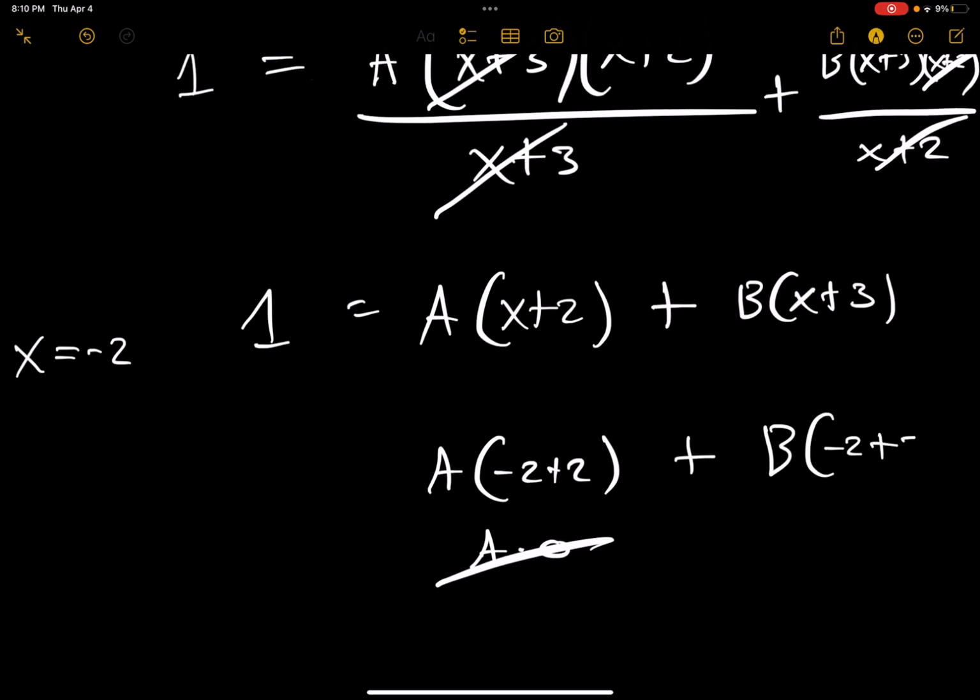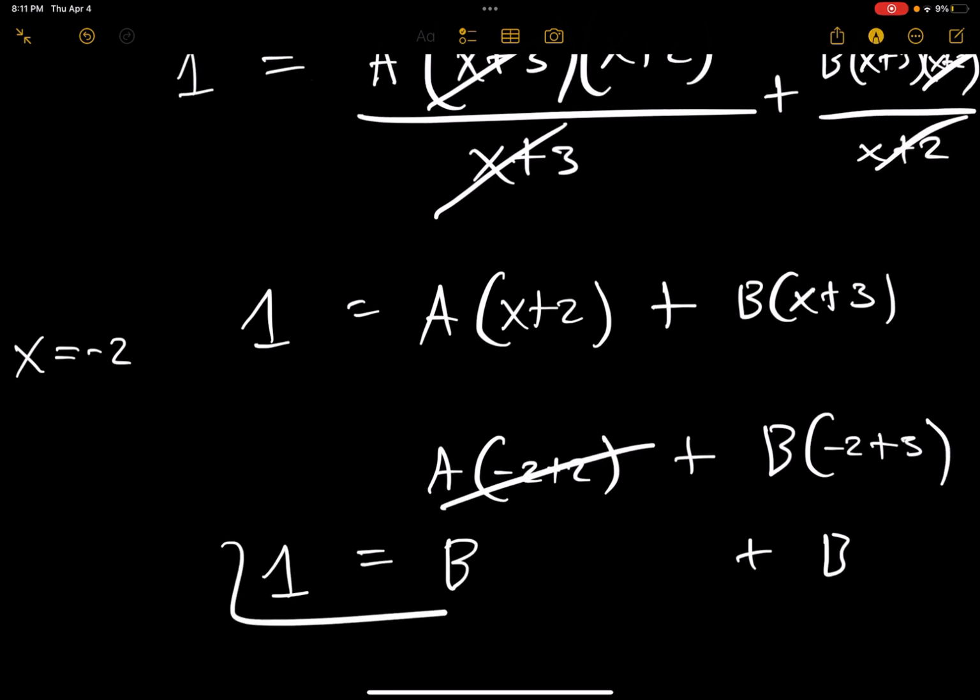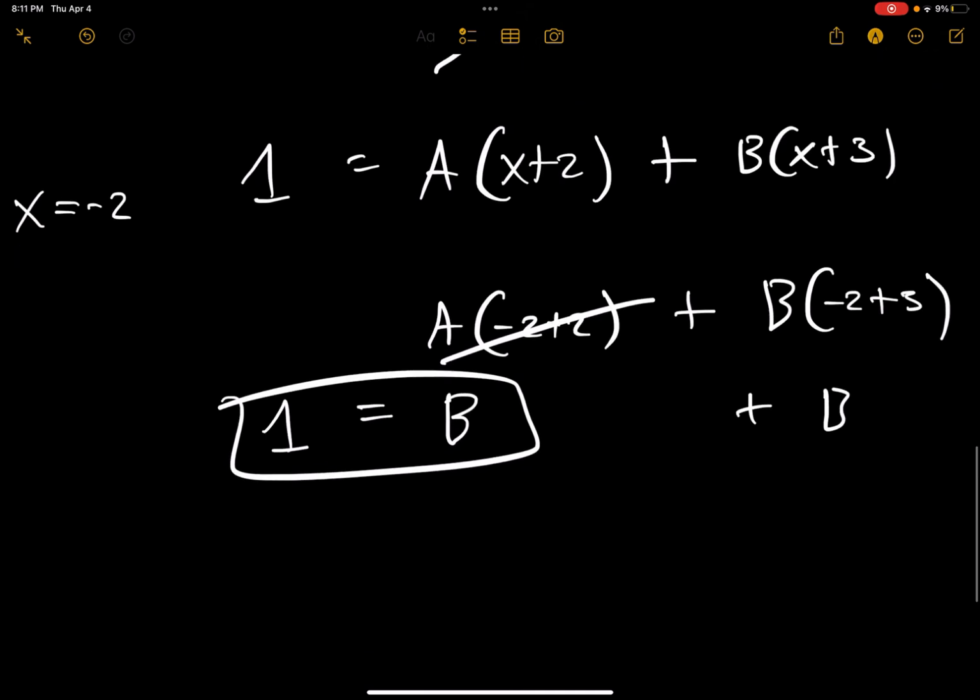However, this does not cancel out. Sorry, we just have plus b, because minus 2 plus 3 is 1. And that has to equal the left side, 1. So if a canceled out, that means that just 1 equals b. We've already figured out b.